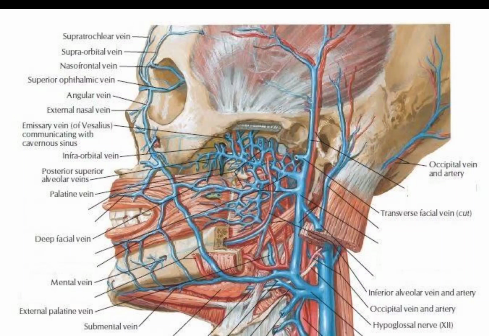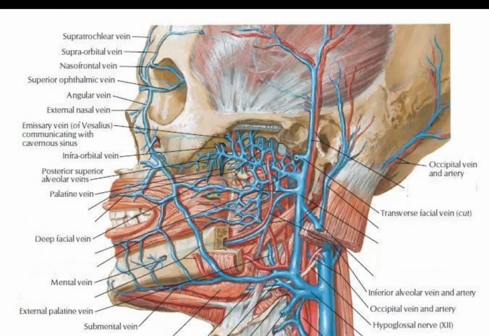This retromandibular vein then divides into two branches. One branch drains into the external jugular vein and another branch joins with the facial and submental vein and drains into the internal jugular vein.